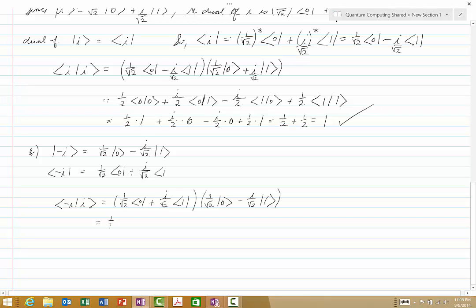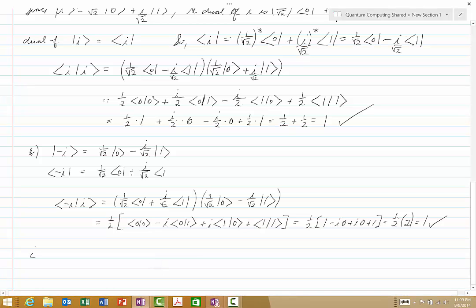And that will be 1/2 of 1 plus 1, or 1/2 of 2, which is 1. And that verifies the second thing that we wish to verify.